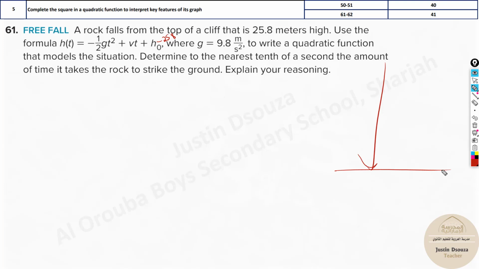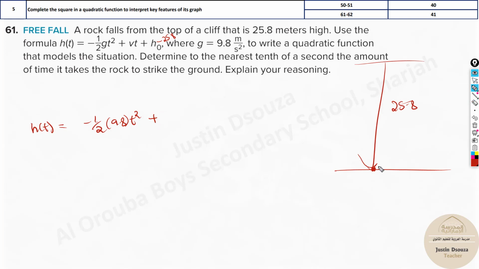That means it has fallen. What's the height over here? 25.8. We need to see when it falls down to the ground. So let's write this given equation as negative half times g, 9.8, t squared. You'll just multiply this. Now, what else?